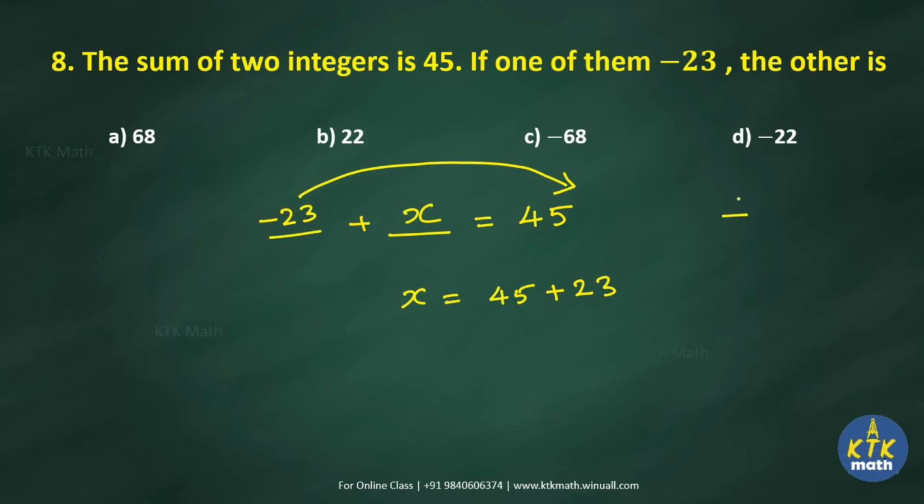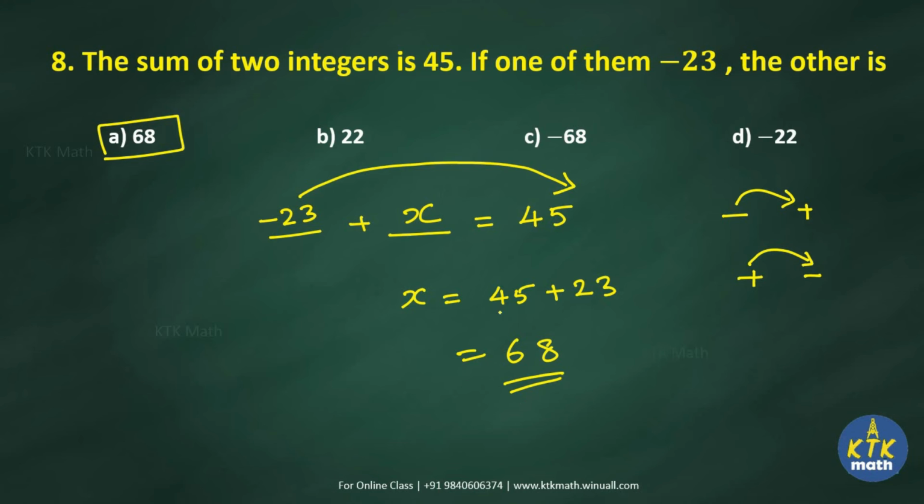If it is negative, it should become positive, or if it is positive, it should become negative. You will learn about these concepts in more detail in 7th standard under simple equations. But as of now, just keep in mind that you need to move a number so that its symbol will change. So this minus 23, when moved to the right hand side, becomes plus 23. Now 45 plus 23 is 68. So 68 is your answer.